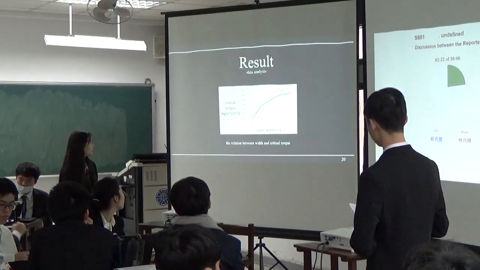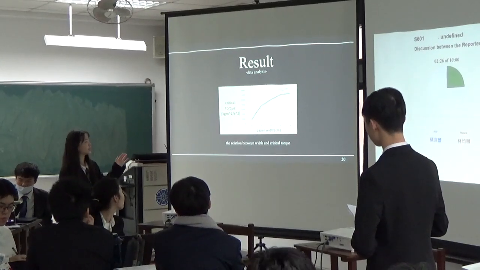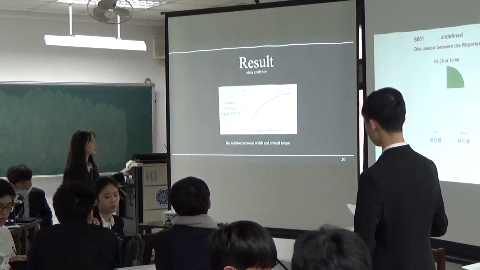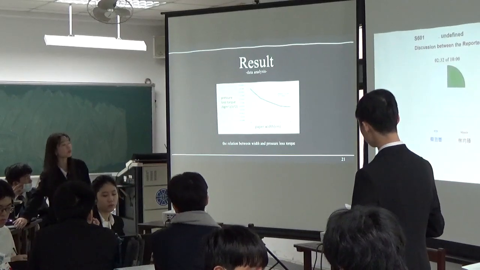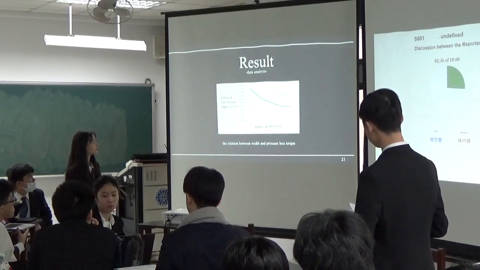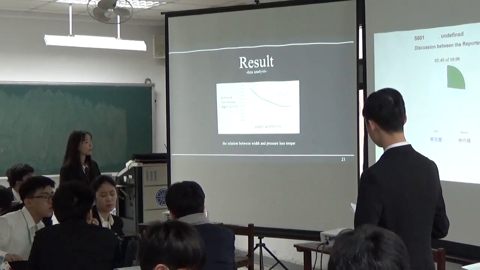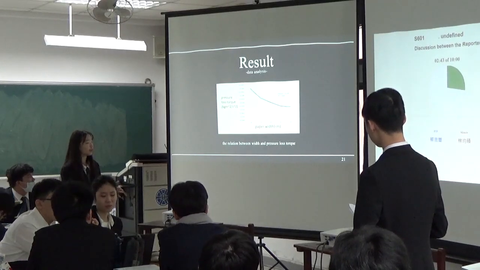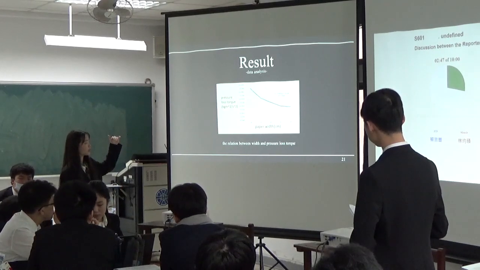And here's the width compared to the critical torque, and it's kind of like the last graph, explaining the same thing. And here's the width and the pressure loss of the torque. We believe that the more the paper width is, the pressure will get in less, so the pressure loss torque will decrease.